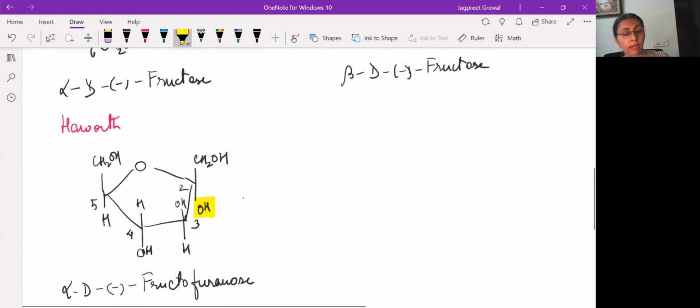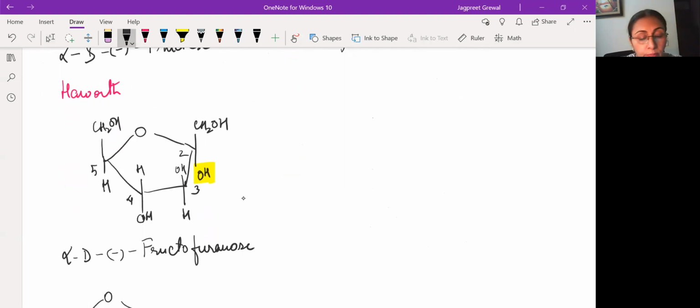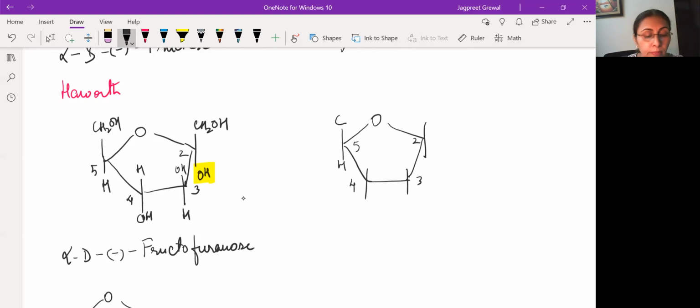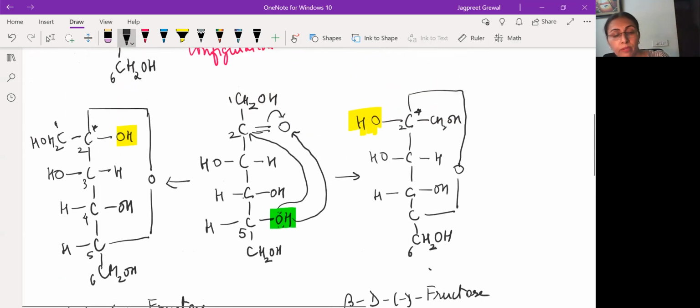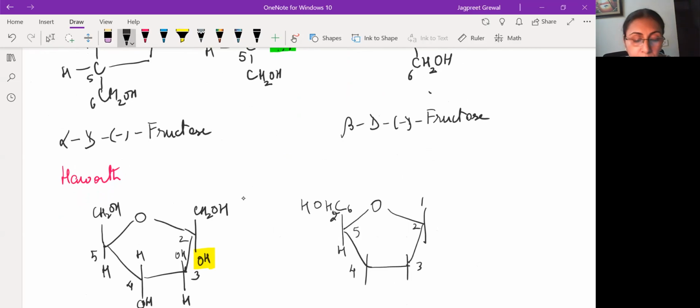So this is the alpha isomer, and then the beta isomer also can be drawn the same way. So this is carbon 2, carbon 3, carbon 4, carbon 5, CH2OH is carbon 6, and the same way. So if you see C2, CH2OH below the ring and OH above the ring.